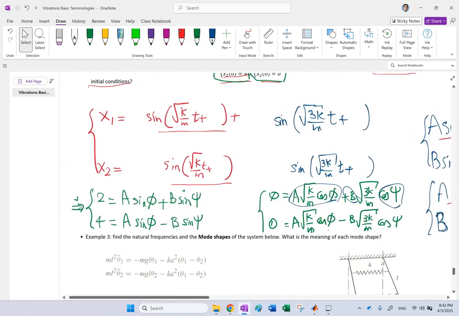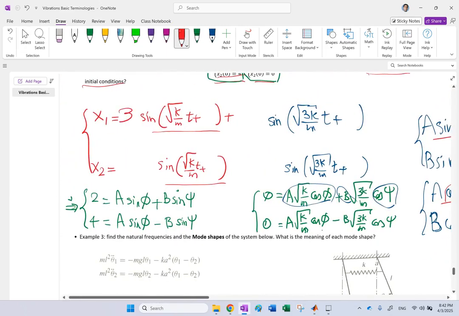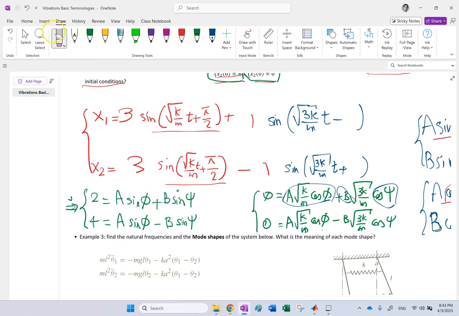Remember, A is 3, so you get a 3 here. This one was also 3, so you get a 3 here. This guy was pi/2. And then B was 1, so you get only a 1 here. This B was -B, so you get a -1. And that angle, that last angle was -pi/2. So here you get -pi/2.